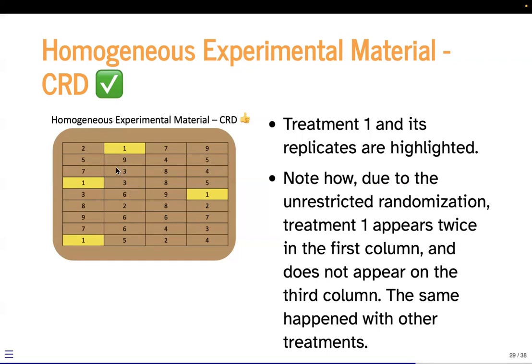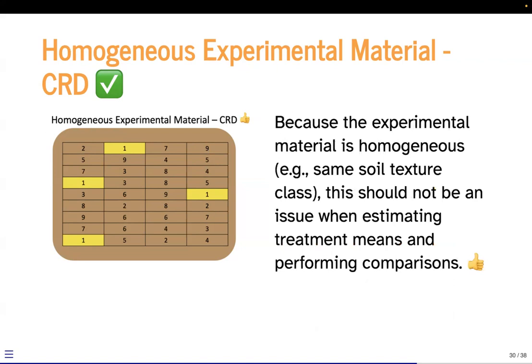Number 3, for example, has 3 and 3 right next to each other, and that should be okay. Since we are assuming that our experimental material is homogeneous, the fact that by random chance the same treatment fell right next to itself in 2 different plots should not have an impact on the analysis when we are estimating treatment means and performing comparisons.